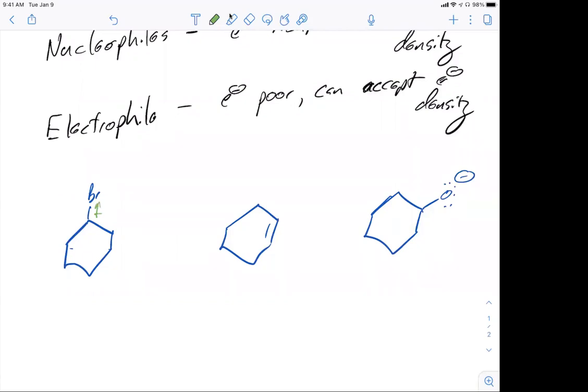So that means we have a partial negative and a partial positive. The bromine does have lone pairs, but we also know that halides like to form how many bonds? Well, they form one bond, right? And they tend not to be positive, right? So when we look at this species, if we're going to label this, that carbon right there is electrophilic.